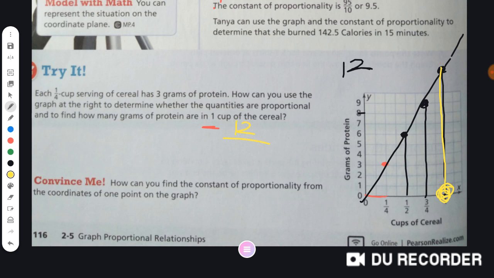How can you find the constant of proportionality from coordinates of 1 point? Actually, to find the proportional constant, we have to take any point on the graph and divide y by x.